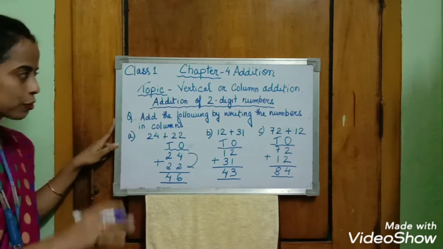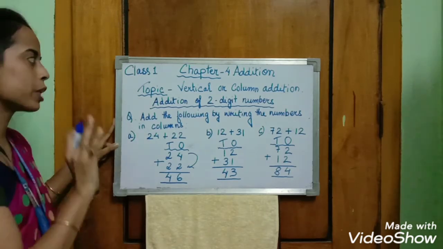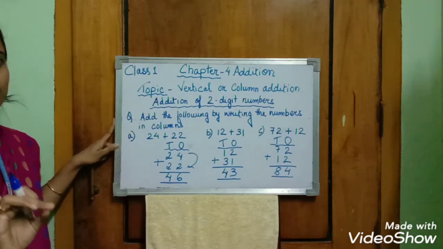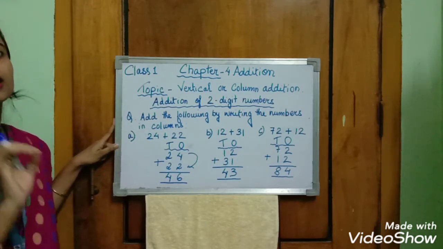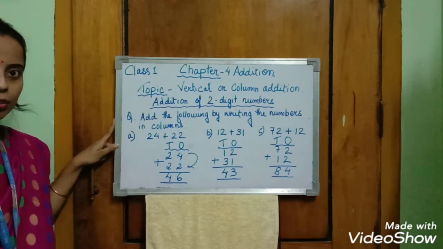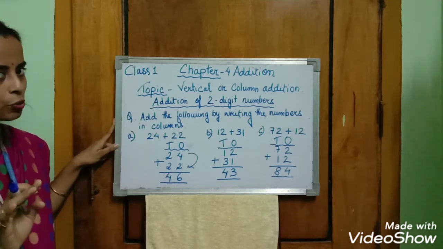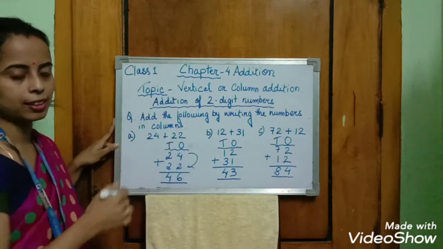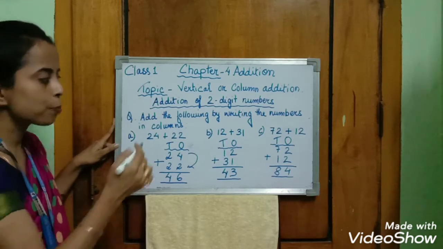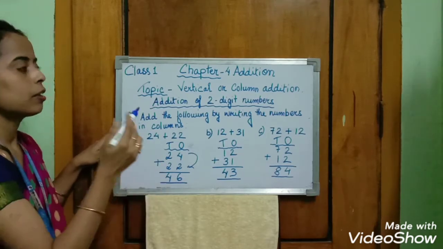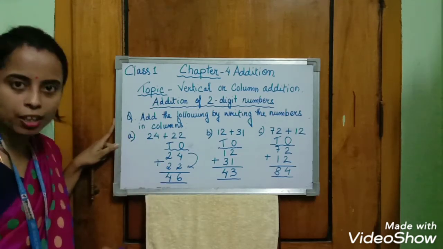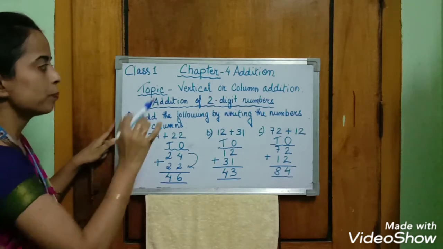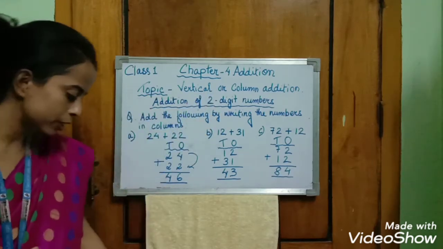Clear? So in today's class, what we have learned? We have learned about the third method, that is vertical or column addition. So 3 methods we have learned. So dear children, you practice this: addition using fingers, addition using the number line, then vertical or column addition.